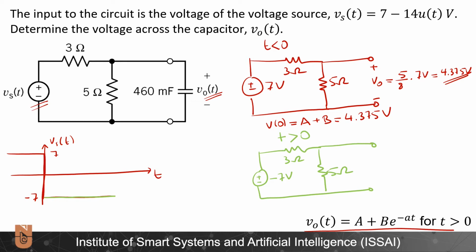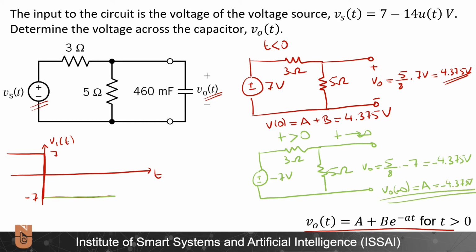I am trying to analyze the circuit when t goes to infinity. V output will be equal to 5 over 8 times minus 7, which is equal to minus 4.375 volts. And if I look at the circuit when t goes to infinity, V0 infinity is equal to A, and this is equal to minus 4.375 volts.